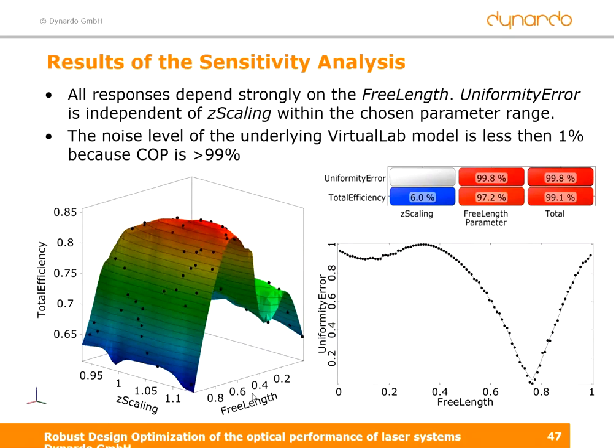Here's the model for the total efficiency, and we can just choose the best value of this set scaling, and we don't need to optimize it, because it doesn't affect our uniformity error.